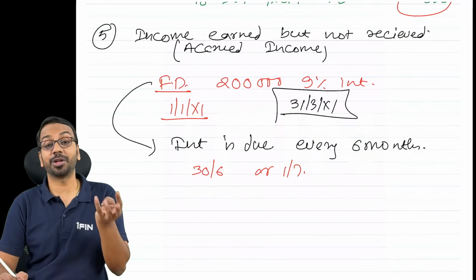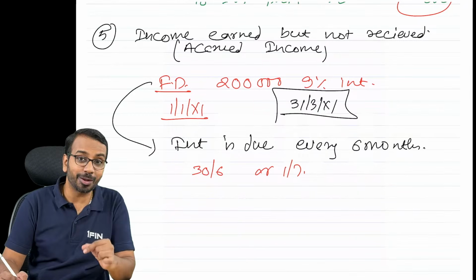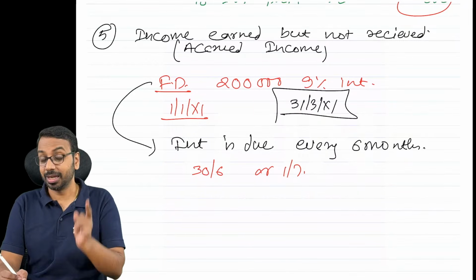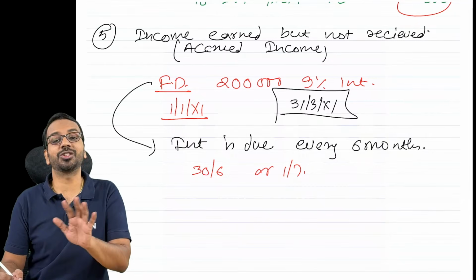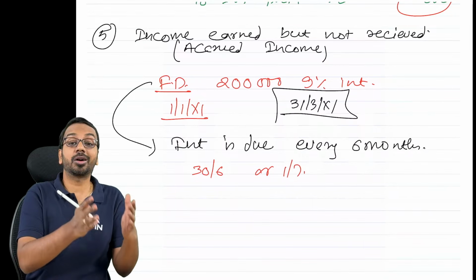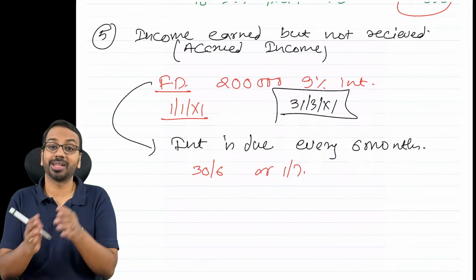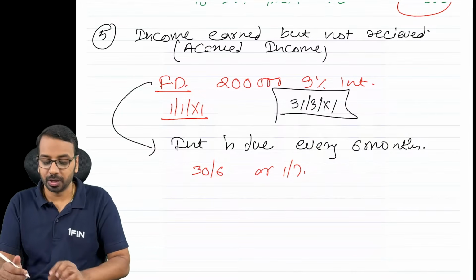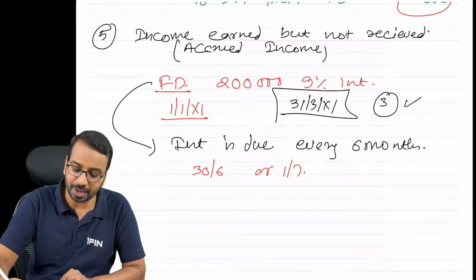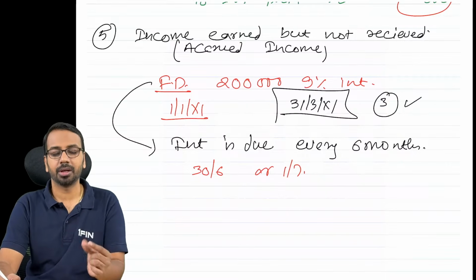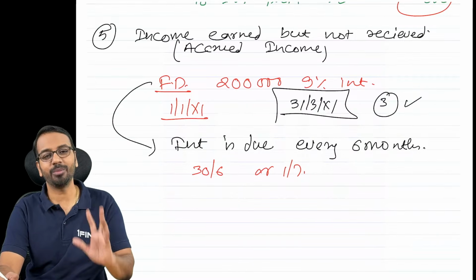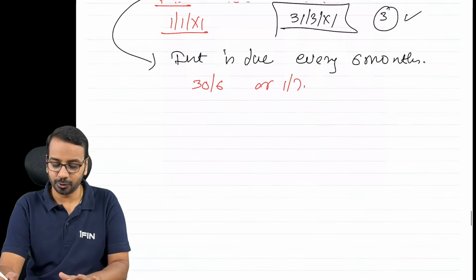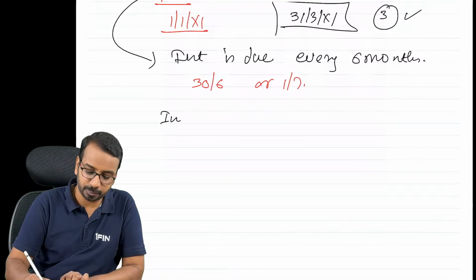Now, for January, February, March, have we earned the interest income? Yes. But is the interest income due? It is not due. That is what we call accrued but not due. So, 3 months interest we have to show as an income, but sir, we have not received. No problem, show it as a receivable. So, what is the interest for 3 months?